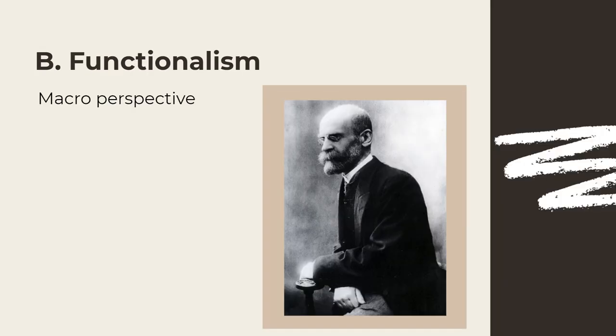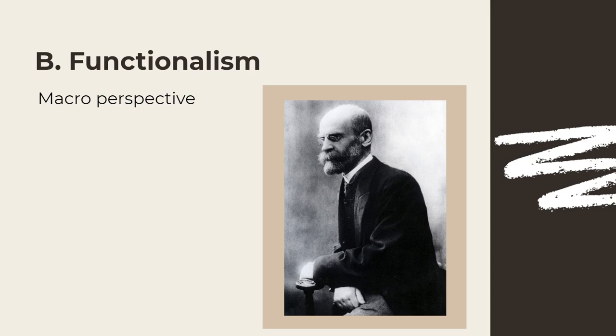For example, the next three sociological paradigms that we'll discuss are functionalism, conflict theory, and SI, symbolic interactionism. So these are all sociological paradigms. But as you can see, sometimes the word theory is used, such as conflict theory, which is a paradigm, right?